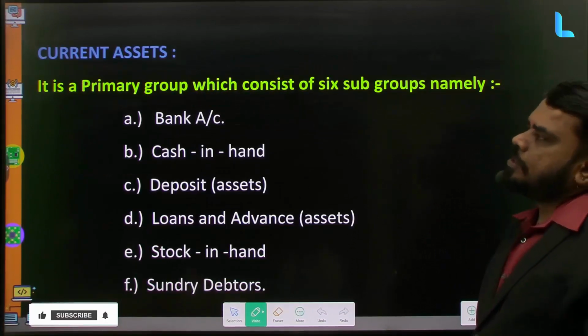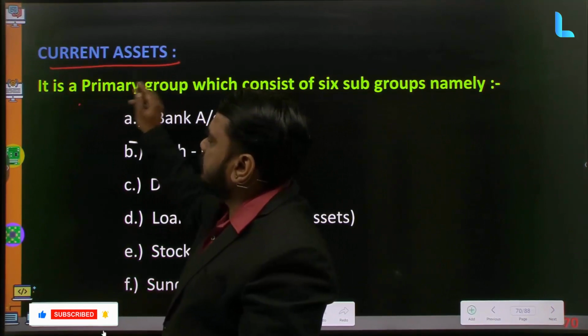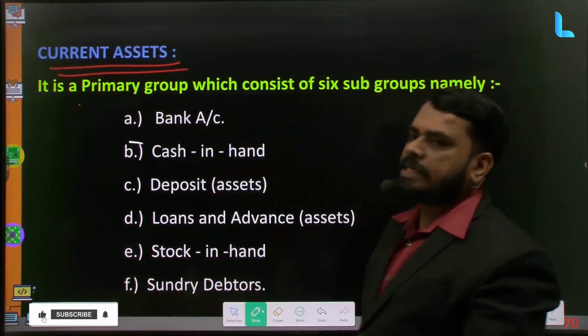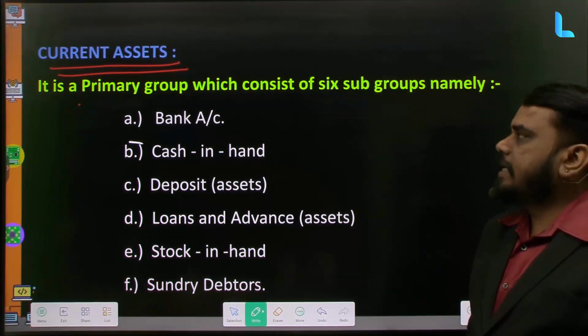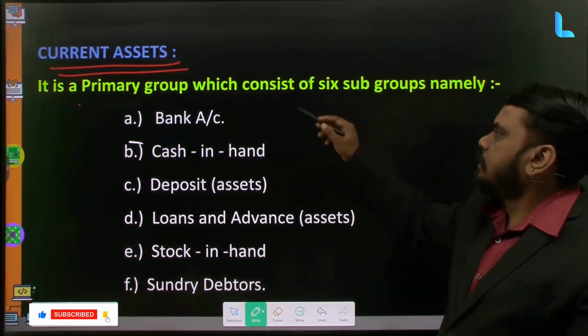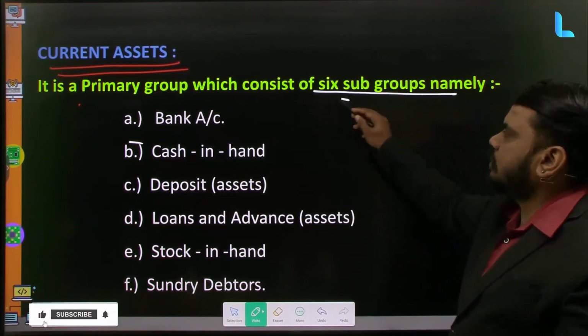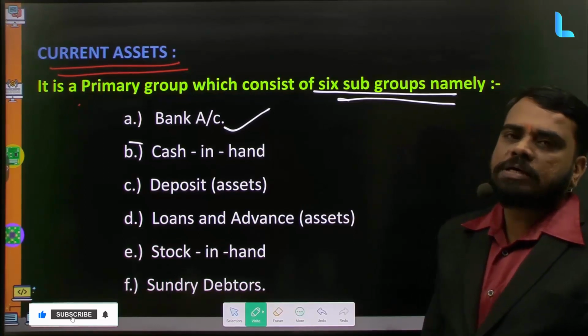Let us continue. The next main account group which we are discussing is called current assets. Current assets falls under the account head, that is assets. It is the primary group which falls under the account head assets. In this there are 6 subgroups. First one is bank account, the bank account of the company.